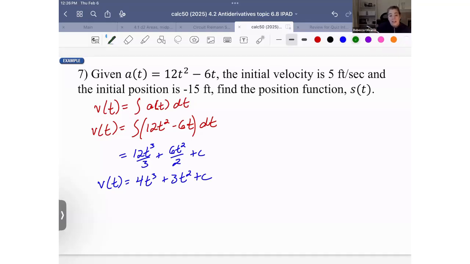We need to find that c value for our velocity function before we can attempt to find the position function. So we're going to use this information here. It says the initial velocity is 5 feet per second. So we're going to say that's when t is equal to 0. So (0, 5) is what we have on our velocity function. Substitute (0, 5). You could do this in your head, absolutely.